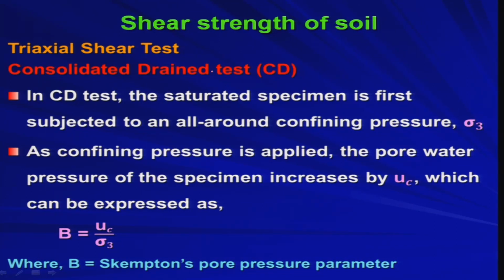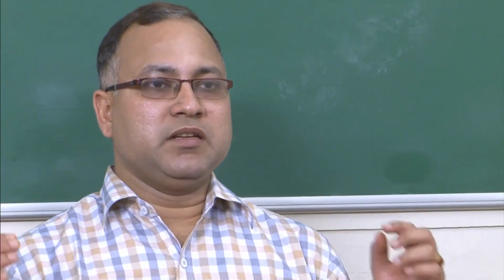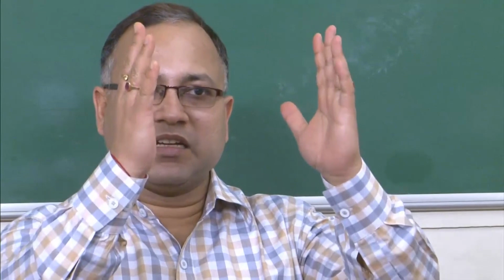In CD test, the saturated specimen is first subjected to an all round confining pressure, say sigma 3. Okay. So, basically that sigma 3 is nothing but the minor principal stress, and once you apply the all round confining pressure, that means your sigma 3 is becoming the minor principal stress, because along the specimen side you do not have any shear stress applied through the cell pressure, right.